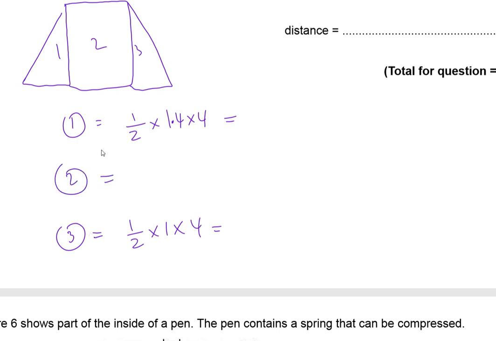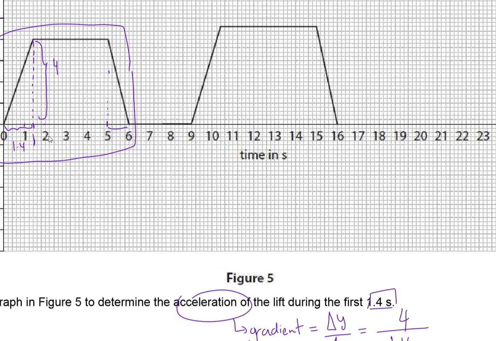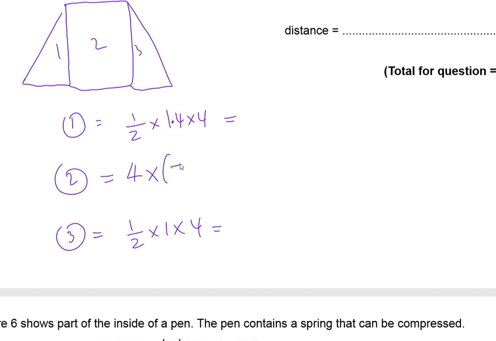Number 2 is just a rectangle, so we have the length, which is 4, and the width, which is from 5 to here. So it's going to be 5 take away 1.4.